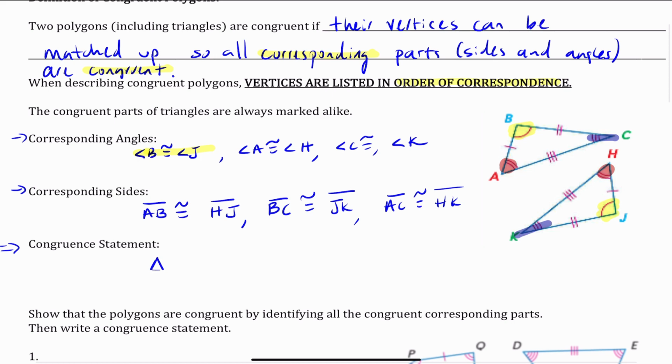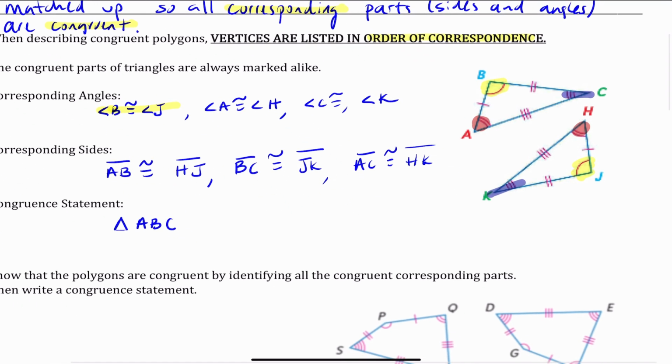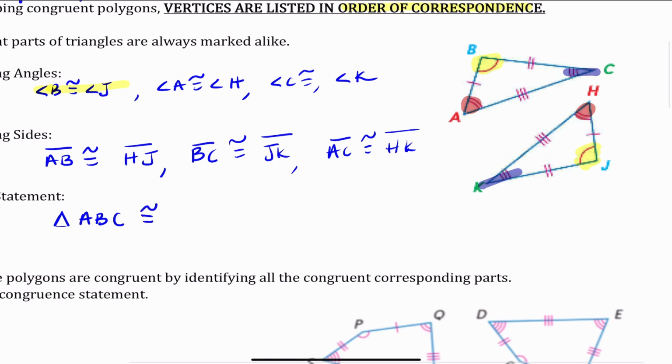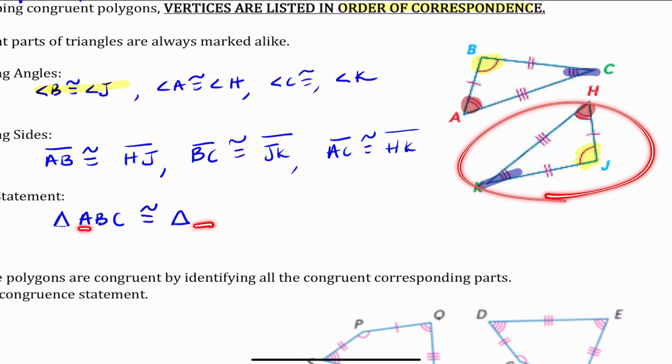I'm going to draw the triangle symbol, ABC, which is congruent to triangle, and this is where the order does matter. So here's A, and it's part of this triangle. Whatever number of arcs A has, the letter that has the same number of arcs in the other triangle needs to go here.